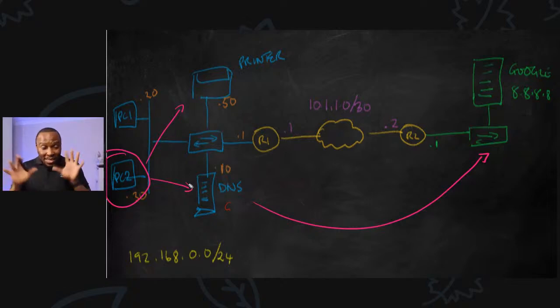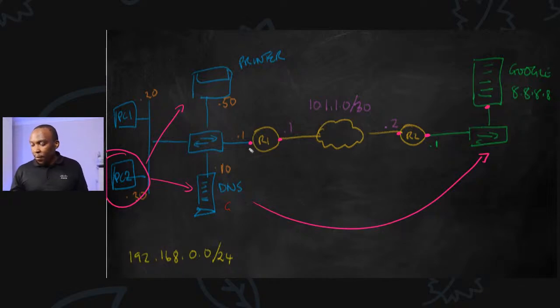So based on this network diagram, where do you think the issue might be? Is the issue here? Is it here? Is it here? Is it here? Or is it here? There are multiple points, right?